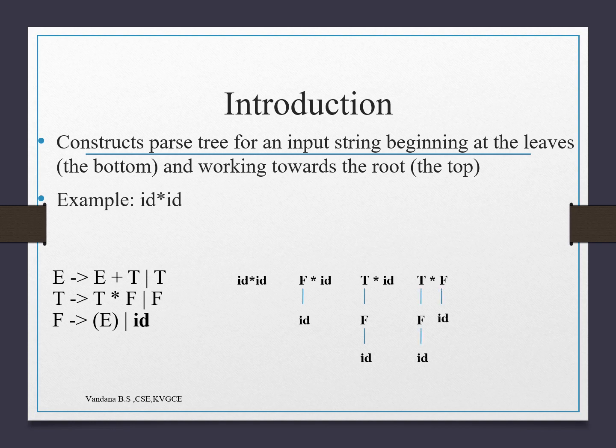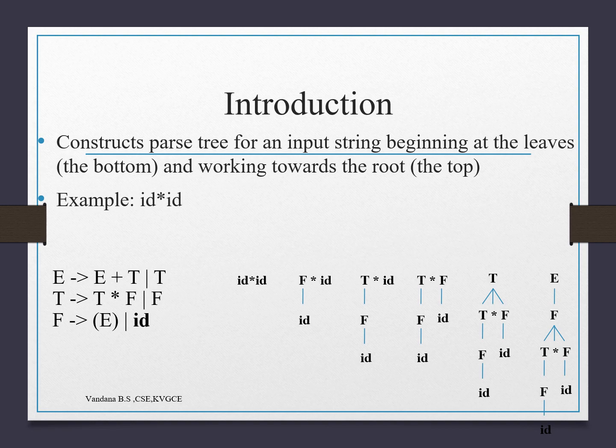So it is T star F now. I did the second reduction: ID is replaced with F. Now T star F is replaced with T, since T derives T star F. This body is replaced with the head T. Now it is E.